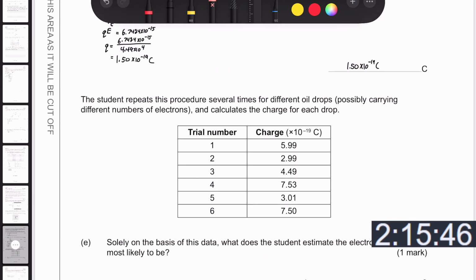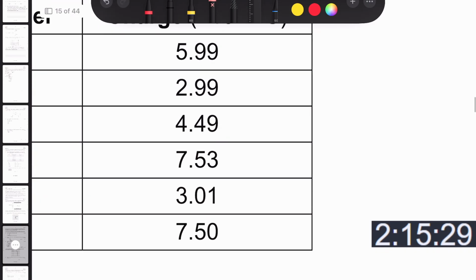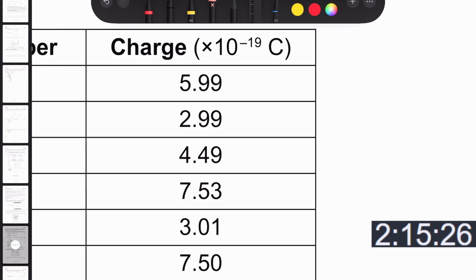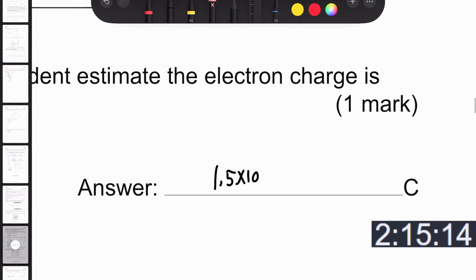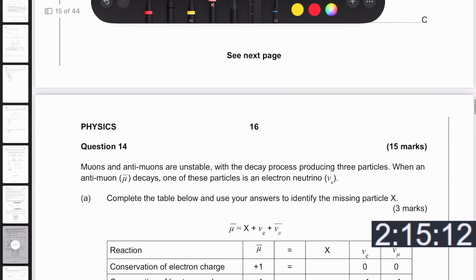Oh wait, no, since they are carrying different amounts, that's a 1.5 increase, then another 1.5. So I'll just put 1.5 times 10 to the negative 19.